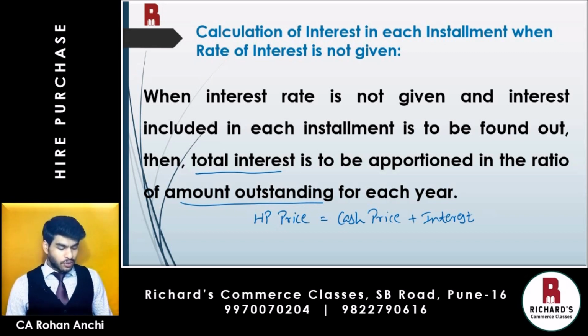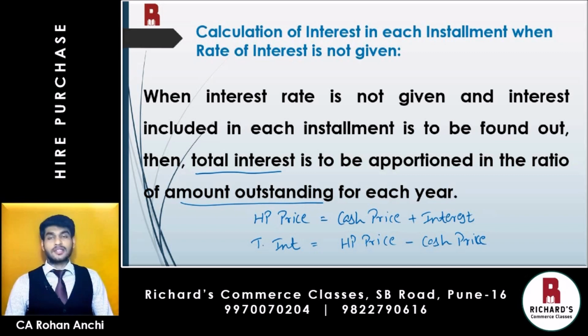So therefore, from this formula itself, total interest will be nothing but HP price minus the cash price. HP price minus cash price will give us the total interest, and this total interest will have to be divided in the ratio of amount outstanding in each particular year. Let us take a simple example to understand how this concept works.